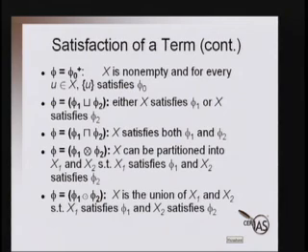And when we use O dot to connect two subterms, then X satisfies the term if X contains two subsets whose union equals X, and each of these subsets satisfies a subterm. The difference between O dot and O times is that in O times we require that X1 and X2 be disjoint, but for O dot, X1 and X2 may intersect.